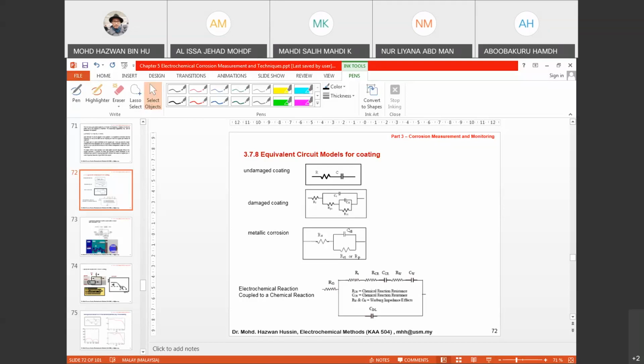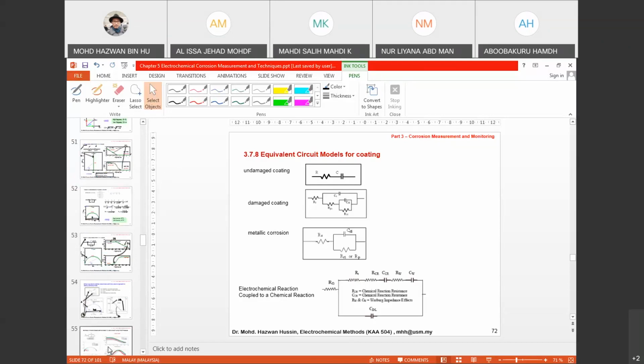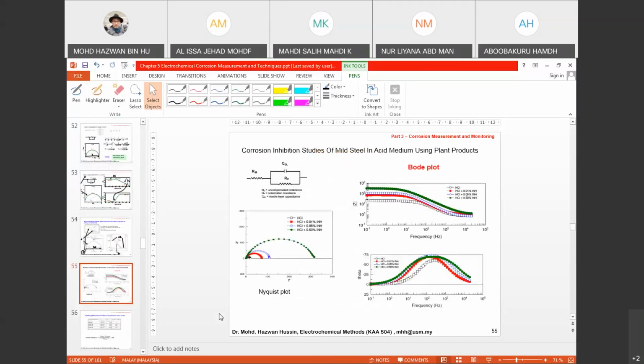Okay, slide 55. This one? Yeah, this one. From the Bode plot, we will see the differences in the concentration of the corrosion inhibitor.